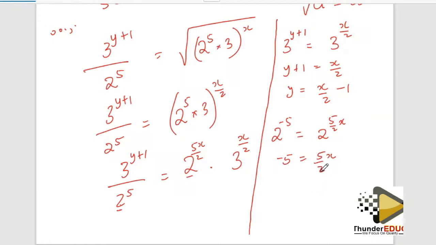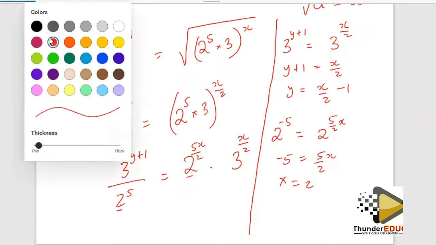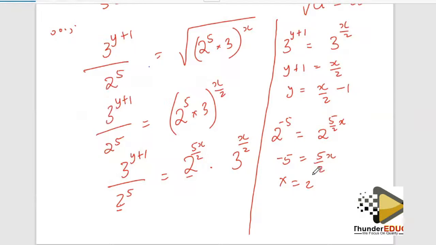And then I can divide both sides by 5 over 2. So our x is a 2.